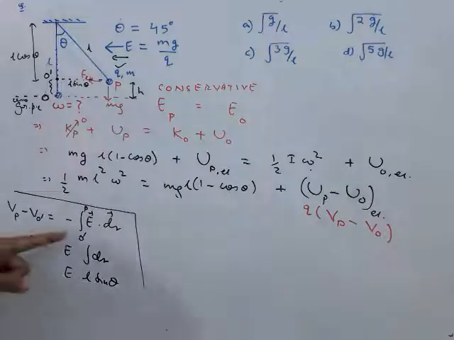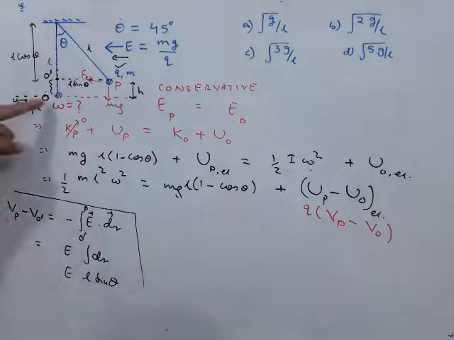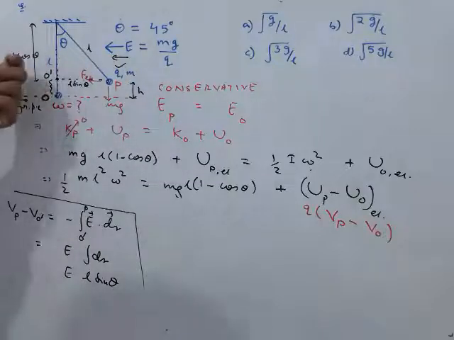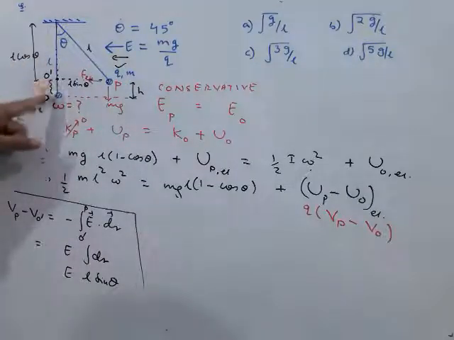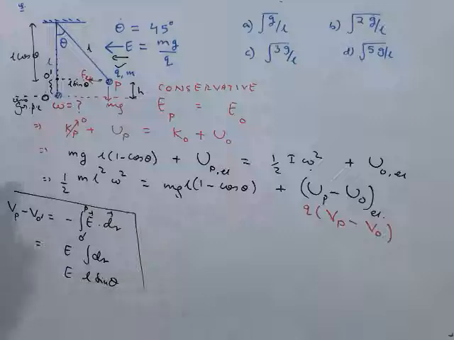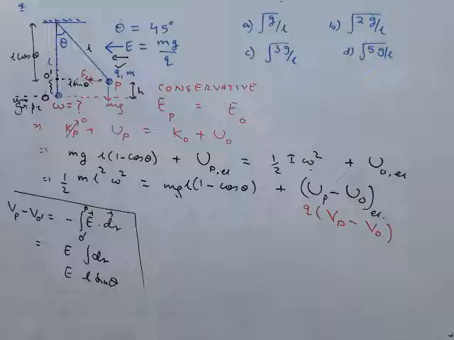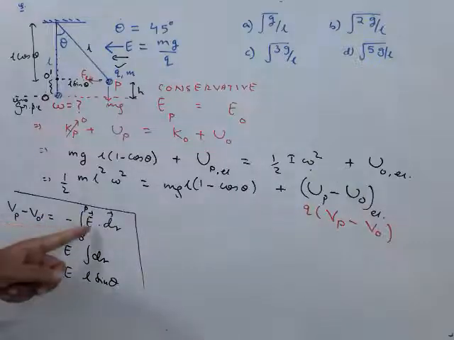Let me repeat again. First I argued that points O and O dash, because this line is perpendicular to the direction of the electric field, must be at the same potential. Please look over the equipotential surfaces when I discussed them. Whether I bring the charge from P to O or P to O dash, there will be the same difference in potential energy. So O I have replaced by O dash. By definition, this is given by this formula.